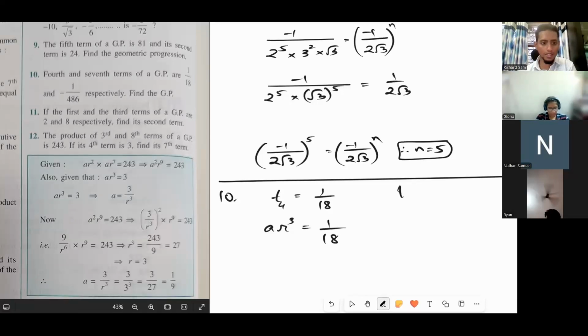And then T7. T7 is minus 1 upon 486. So that is AR raised to 6 is minus 1 upon 486. Now how do we simultaneously solve these two?